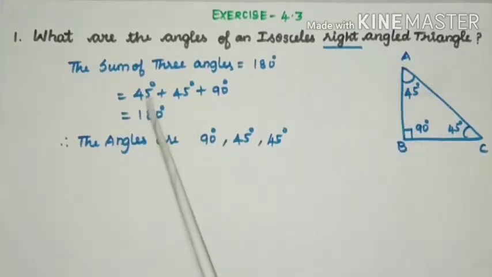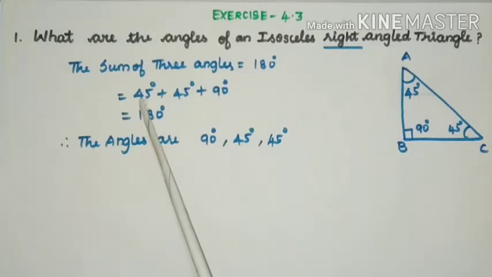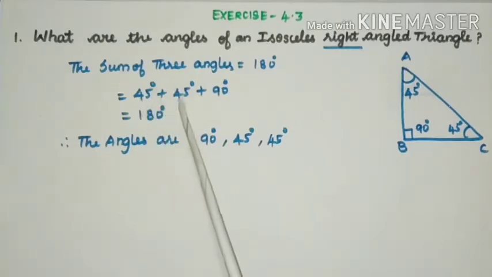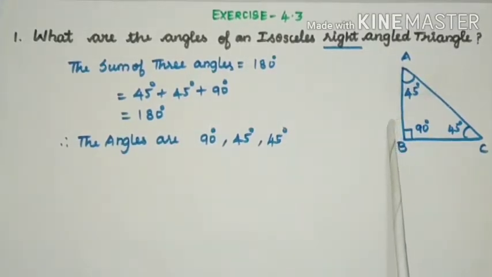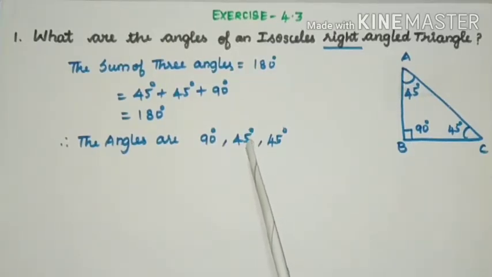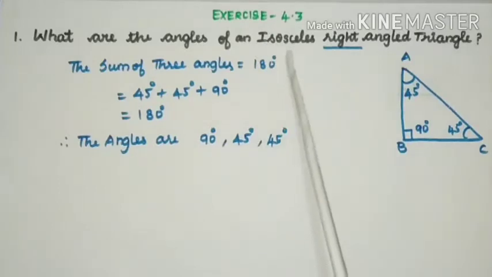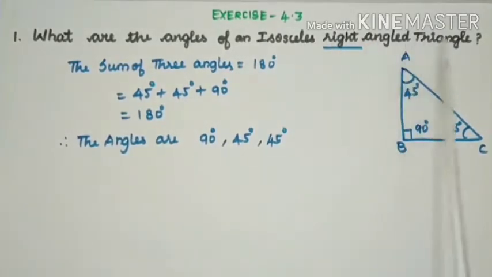Let's find the sum of the three angles. 45 degree plus 45 degree is 90. 90 plus 90 is 180 degree. A triangle can be formed with the three angles. The angles are 90 degree, 45 degree, 45 degree. Students, is it clear now? Here we have to find the angles of an isosceles right angled triangle.